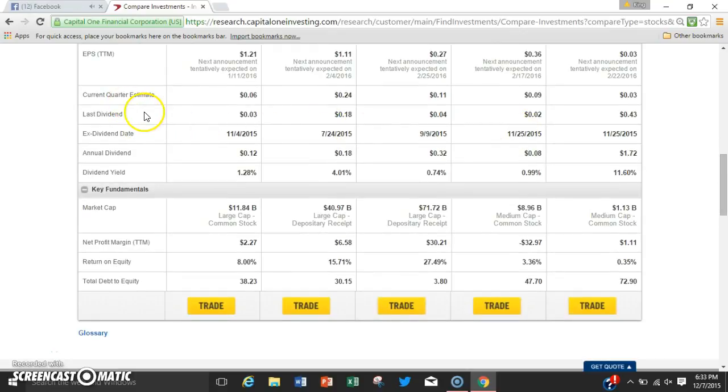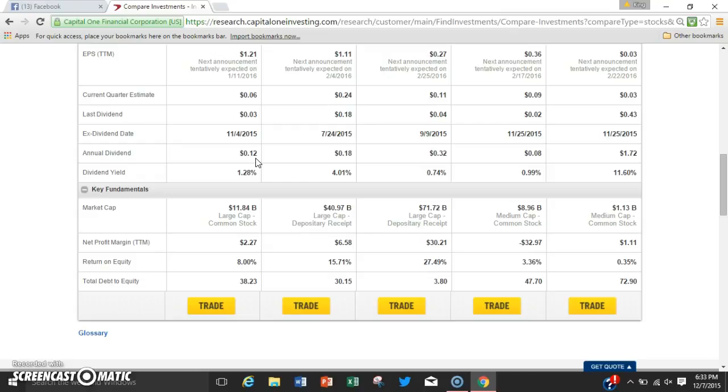Dividends, again, if you're going for dividends, if you're going for growth and things like that, you want to get a stock with a good dividend. Make sure it pays a good dividend. This is how much you would get yearly per stock. Per share, that's how much you're getting a year.